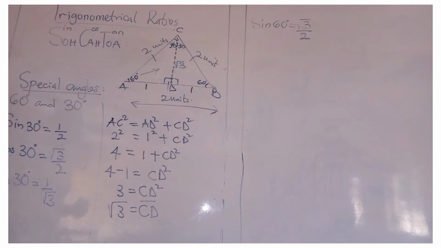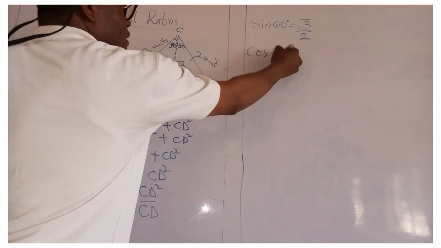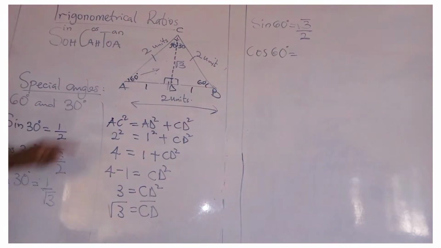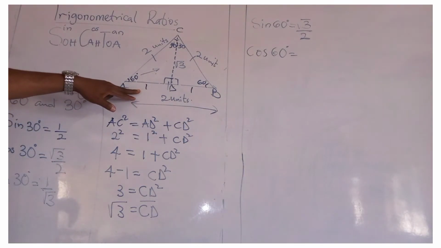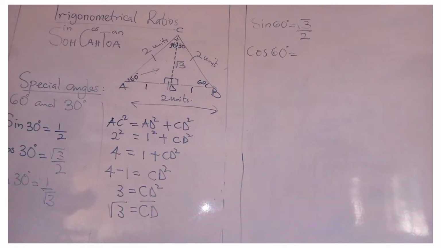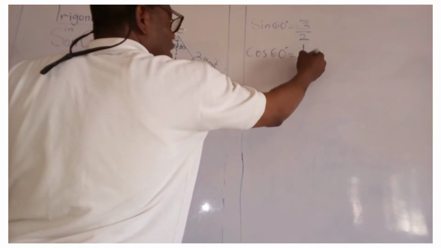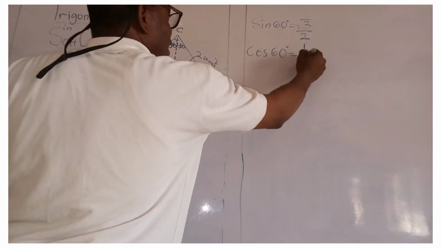Now, going to cos 60. We know that cos is adjacent over hypotenuse. And so the adjacent here is 1, and the hypotenuse is 2. So we have 1 divided by 2.